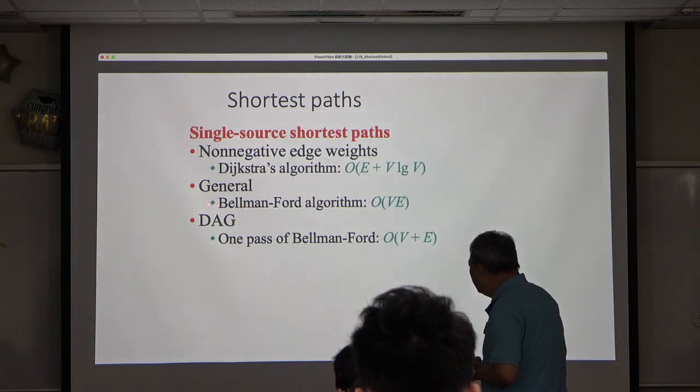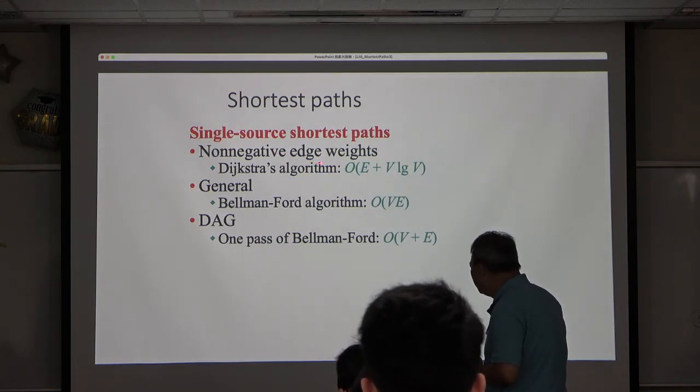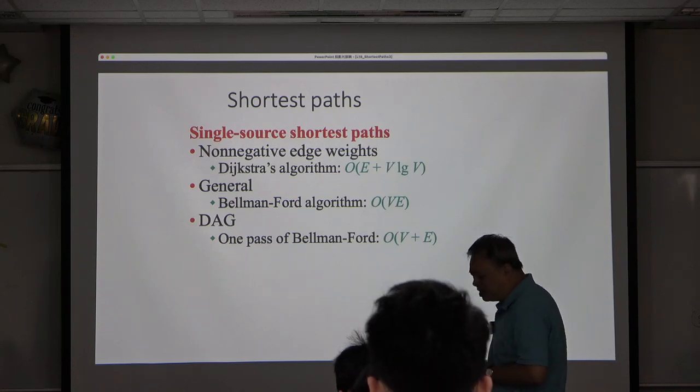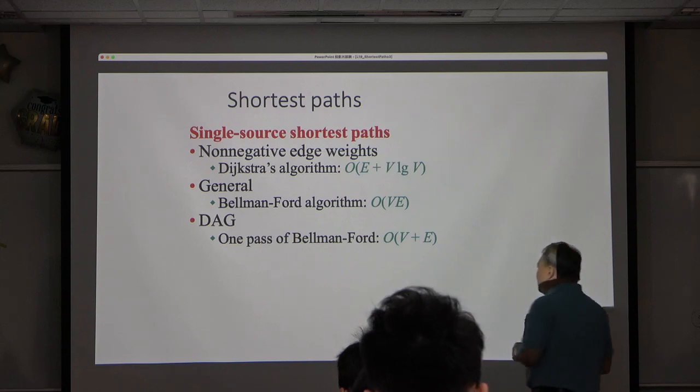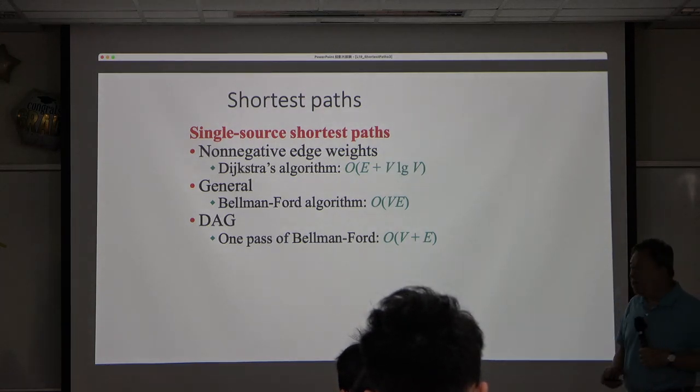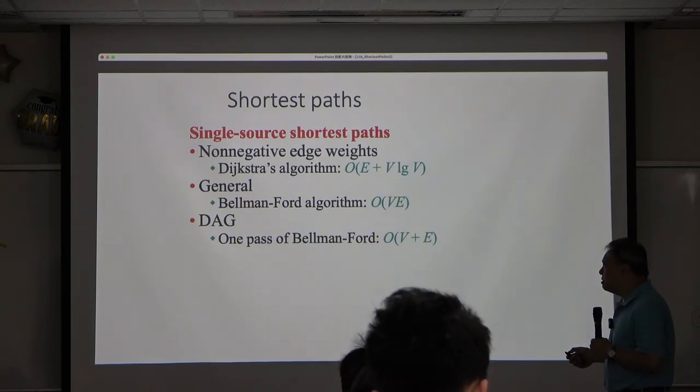And for the general case, as long as you don't have a negative weight cycle, in the previous lecture we know Bellman-Ford is going to help you find all the shortest paths from a single source to the other nodes in big O VE time.